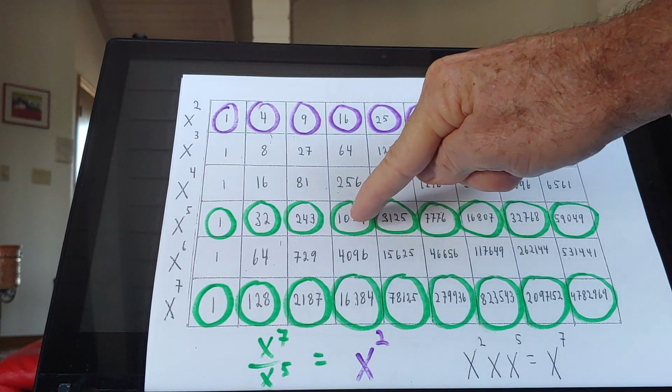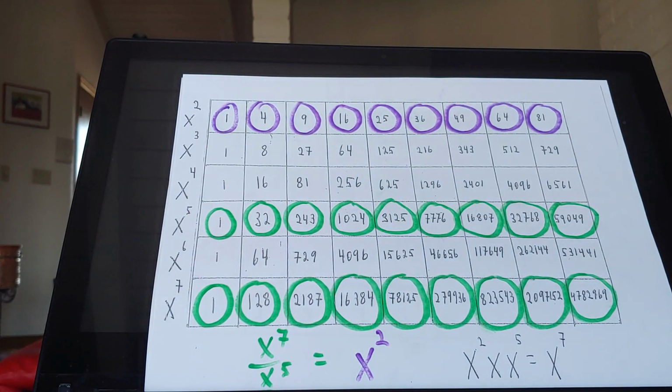Okay, what do we have going on here? Well, okay, so 1,024 times 16,384. Now that's going to be a big number, but whatever it is, it's going to reduce to a 7.